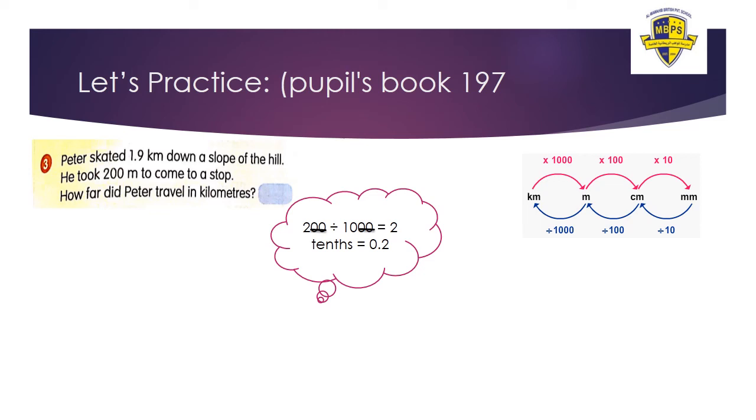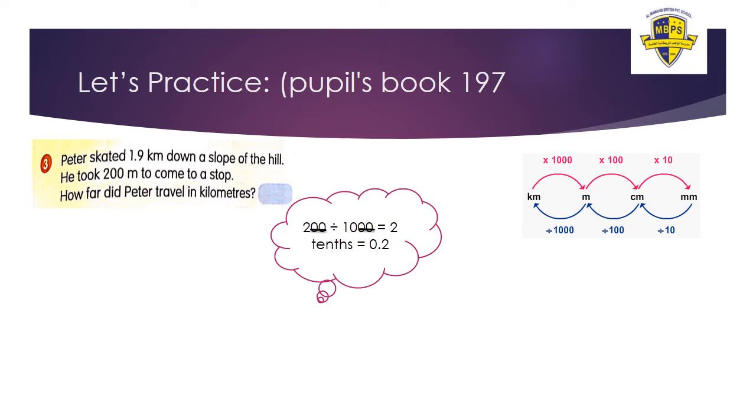Small to big, the number should be smaller. How do we get the number smaller? Using divide. Excellent. Okay, now meter to kilometer, we divide by what? 10, 100 or 1000? We divide by 1000. Excellent, grade 4. So 200 divided by 1000 equals what?